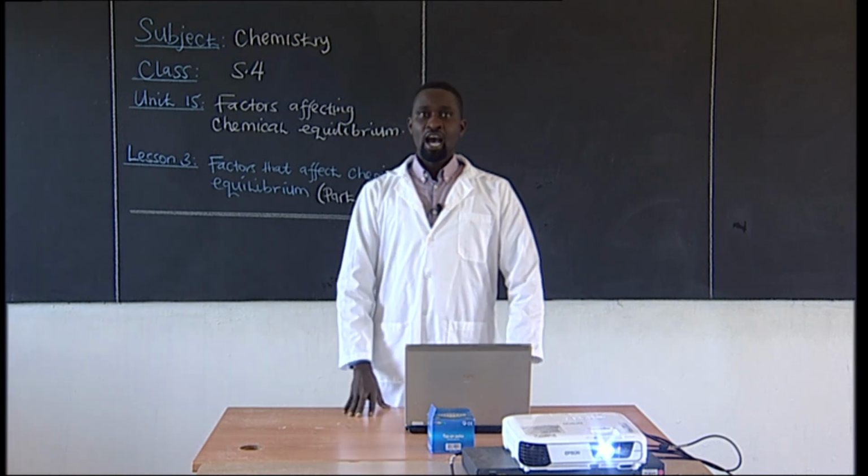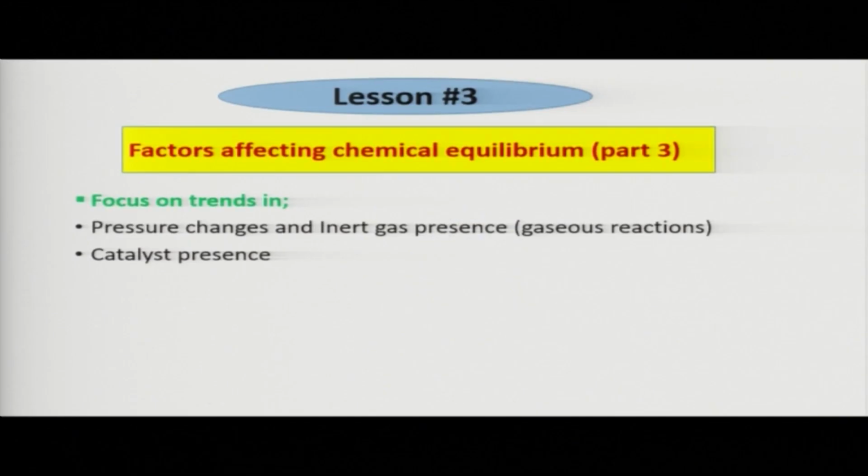So, as usual, I have to highlight the lesson we are on. We are now on lesson 3, which I call part 3 because we are still on the factors affecting chemical equilibrium. This lesson is going to be focused much on the pressure changes and the effect that would probably be brought in by addition of inert gas for gaseous chemical reactions.